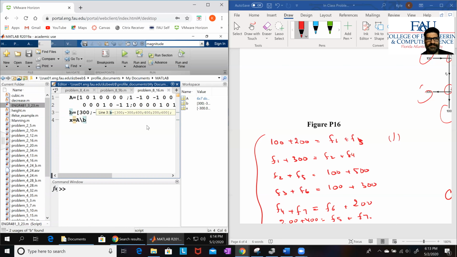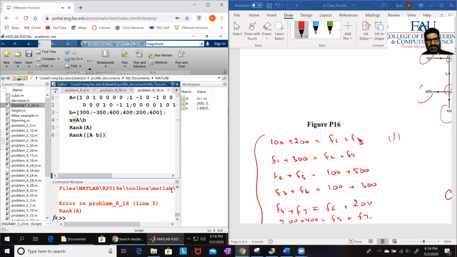So when I do this one here, it's giving me this. So what I want to do is solve for rank A, right? And rank of AB. I'm going to rewrite again and see what I get.